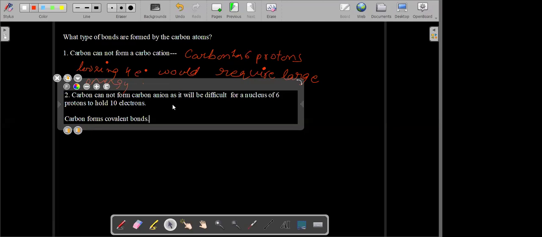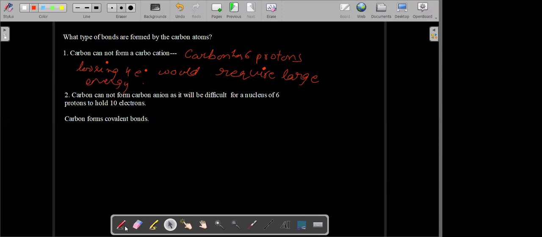You see, how does carbon form bonds by the sharing of electrons? We will see here the formation of CH4, methane. We will see the formation of CO2, carbon dioxide. Okay. We'll also see the formation of C2H2. So first we'll see the formation of CH4.